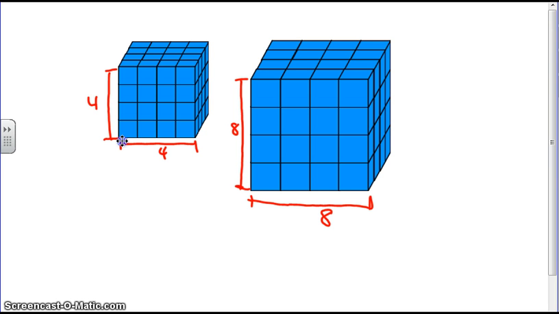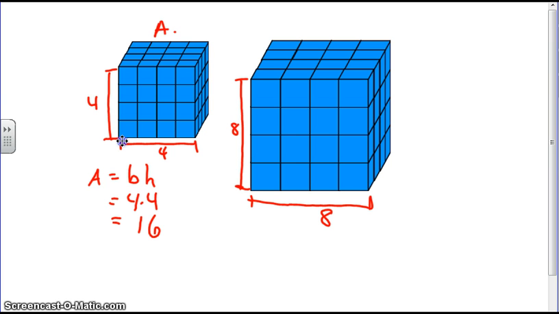If we just look at the front face of these two figures and we find the area, look at what happens. To find the area of figure A, the area would equal what? Base times height, right? So in this case, it's 4 times 4, and 4 times 4 is 16, okay?